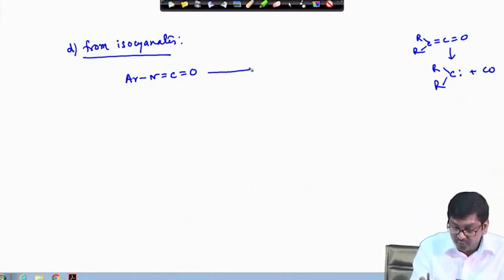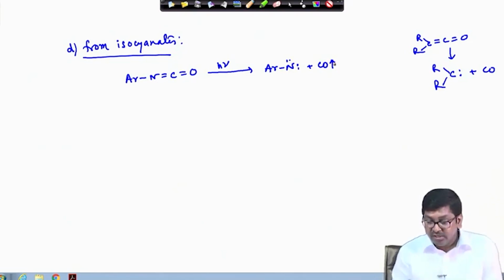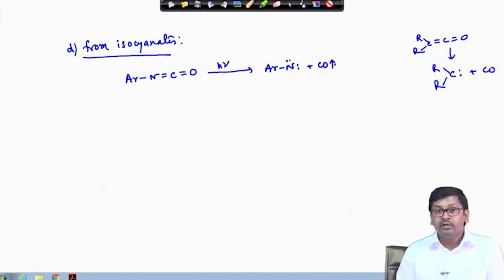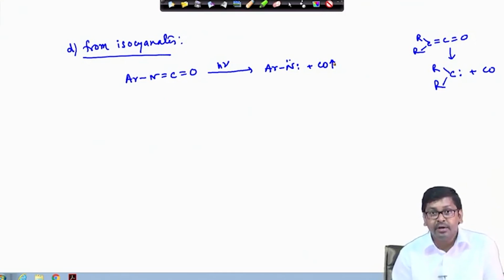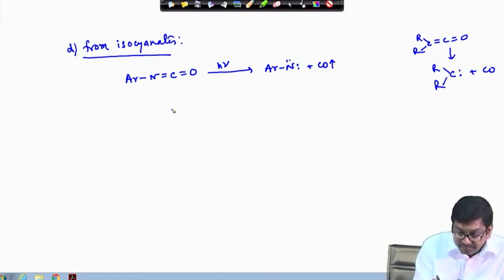Under photochemical irradiation, this will give the corresponding nitrene plus carbon monoxide elimination. And this nitrene will be generated in a way analogous to generating carbene from the ketene. Here also in similar conditions, this will give the required nitrene species.